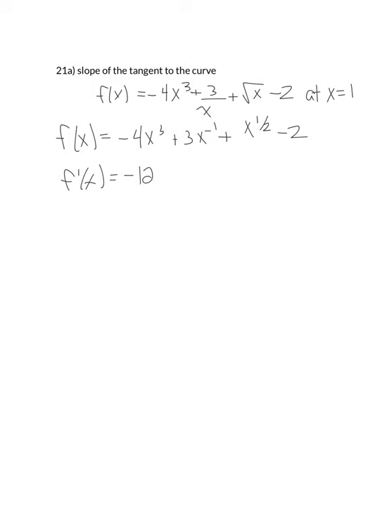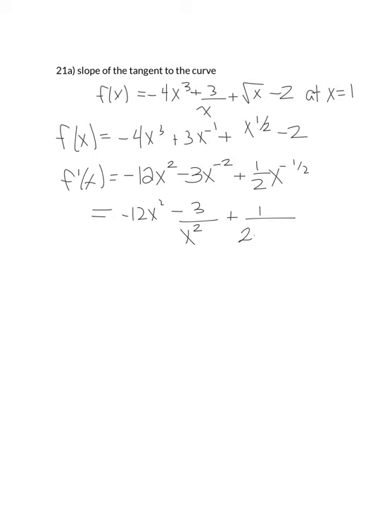So negative 12x squared minus 3 times x to the negative 2 plus 1/2 x to the negative 1/2. And I can rewrite this to be a little bit nicer as minus 3 over x squared, so I move that negative exponent into my denominator, plus 1 over 2 root x, since the x to the negative 1/2 goes in the denominator as a root x.